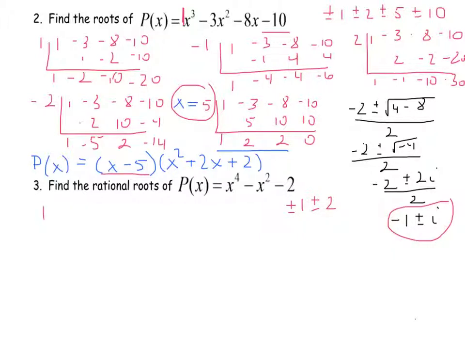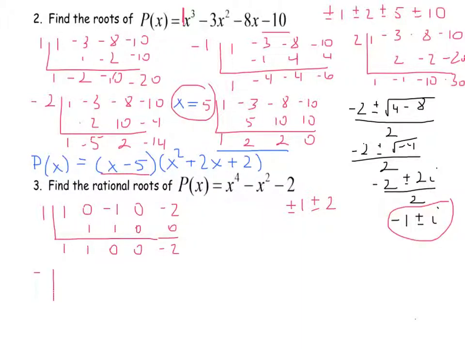I start with 1, and it's 1, 0 for the x cubed term, minus 1 x squared, 0 for the x term, and negative 2. So 1, 1, 1, 1, 0, 0, 0, negative 2.